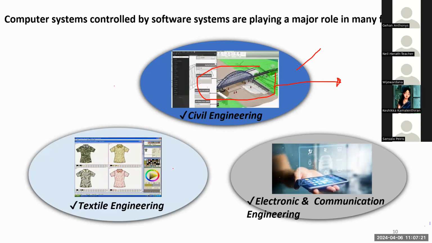And another thing is textile engineering. Before you prepare the textile cloth, the shirt or t-shirt or sari or whatever, you need to test it, because when you are doing massive manufacturing, you cannot prepare 1,000 or 10,000 of those textiles if it is wrong.